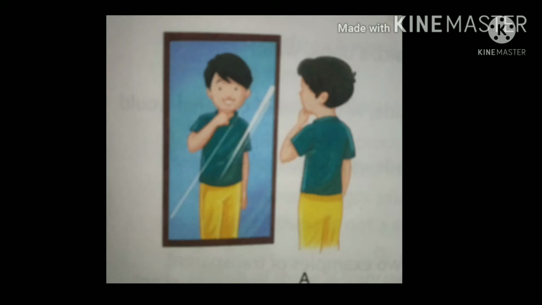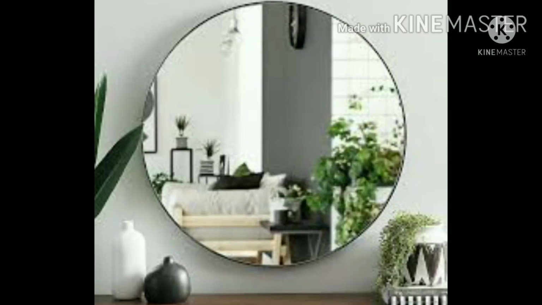So, do you know how they make a mirror? A plain mirror is made by depositing a thin silver film on a piece of glass. This layer of silver is protected by a coat of red paint.